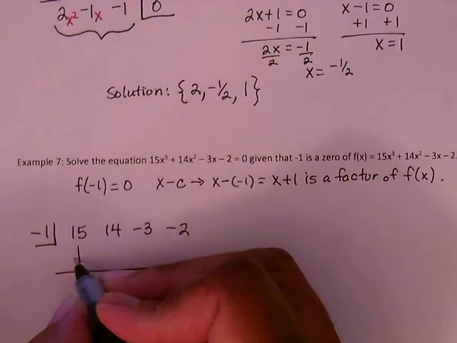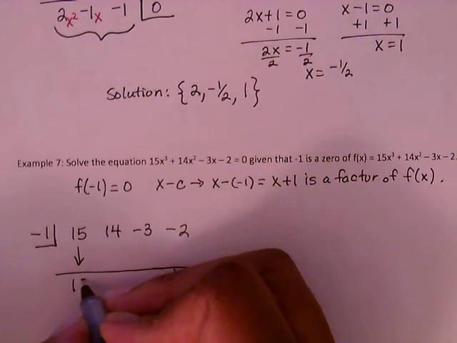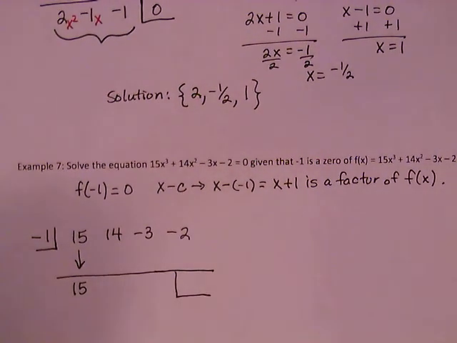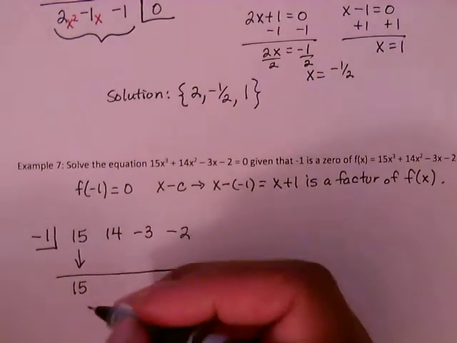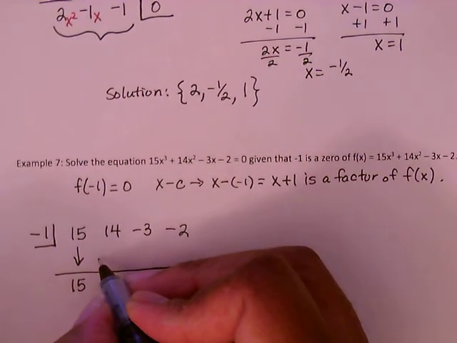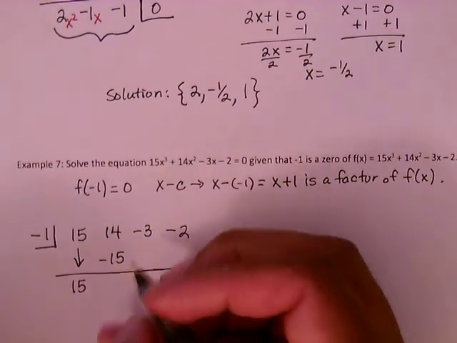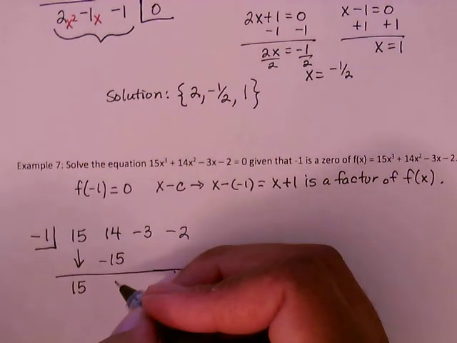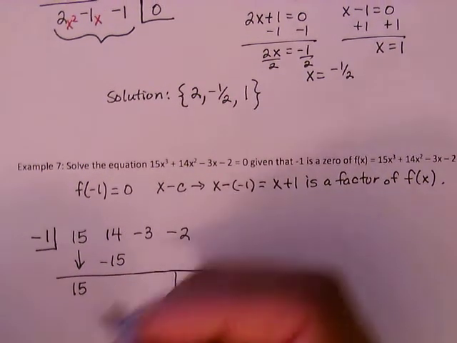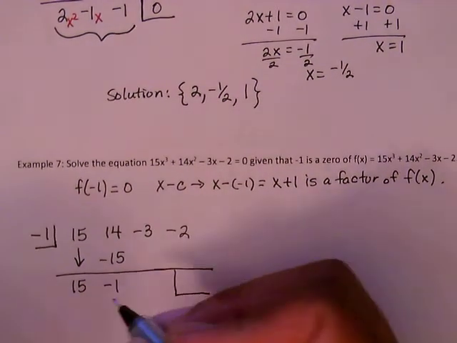And now I'm going to bring down the leading coefficient of 15 in the bottom row and start multiplying -1 times 15, which is -15. And add 14 and -15 together, that'll be -1.